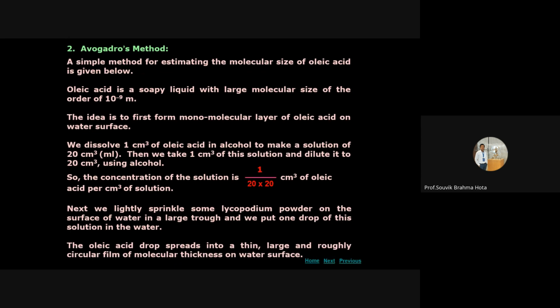Because the oleic acid has been diluted with the help of alcohol, so the oleic acid should be separated from that alcohol, and that is why the lycopodium powder is given. The oleic acid drops spread into a thin, large, and roughly circular film of molecular thickness on the water surface. Then we quickly measure the diameter of the thin film to get the area.